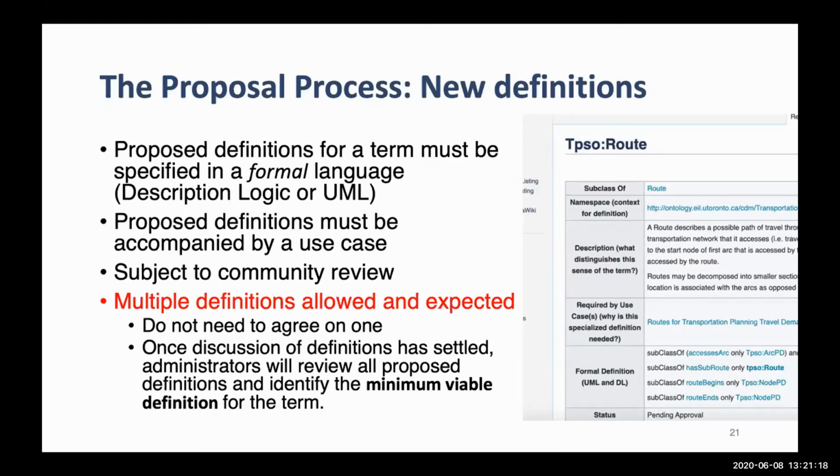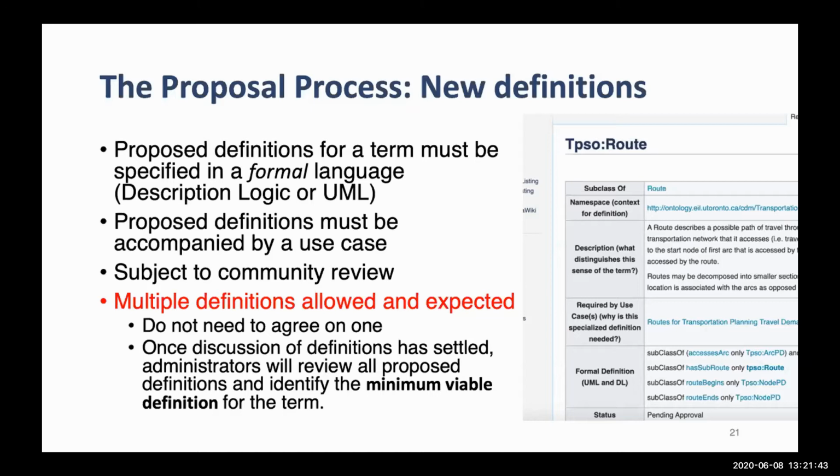The last really important thing I want to emphasize is that multiple definitions are allowed and expected in the collaboratory, and the point of this website is not to force people to agree on a single definition of each term. The point is to collect all of the different definitions that are out there and try to understand how they're related to one another.